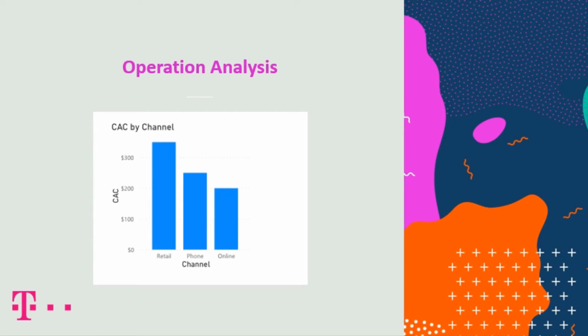They can do this by focusing more resources on making the online and phone channel experience quicker, allowing more prospective customers to enter those channels at a lower cost to T-Mobile.